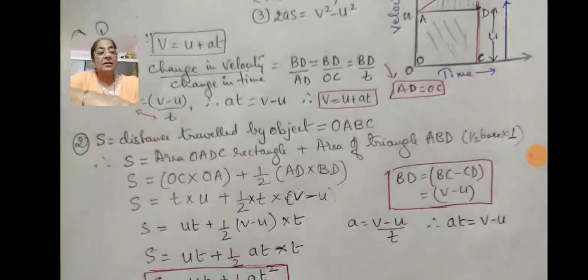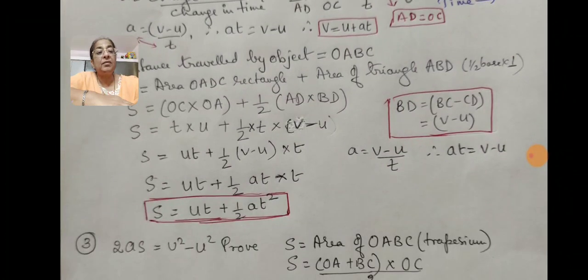Got it? a is equal to v minus u upon t, therefore at is equal to v minus u. So now we put the value of v minus u. This t remains where it is, and we put the value of at.